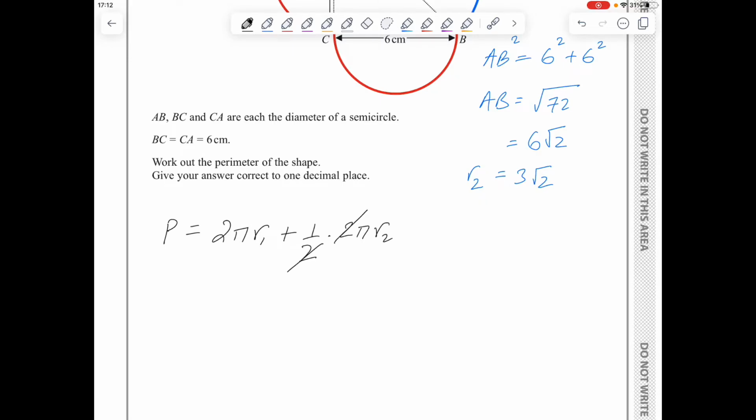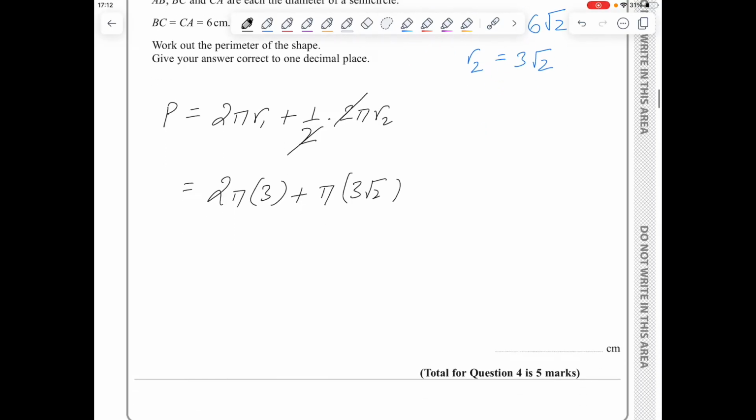Now if I cancel out the 2s, I'll be left with 2 pi times 3 plus pi times 3 root 2. Now I want this as a decimal, so put this on the calculator and the answer will come out to be 32.2 centimeters.